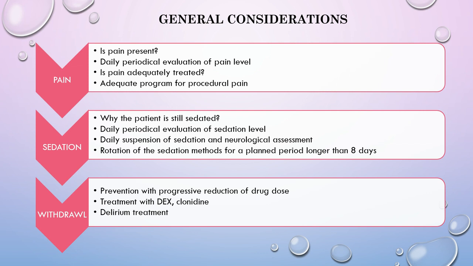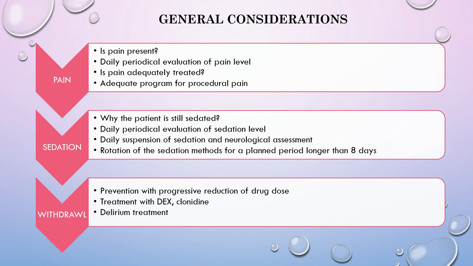And we have to have a specific drug strategy for pain management of procedural pain. We have to ask ourselves too if the patient needs to be sedated and why. We have to evaluate very frequently during the day the level of sedation to avoid over-sedation and under-sedation, which are both detrimental for our patient's outcome.